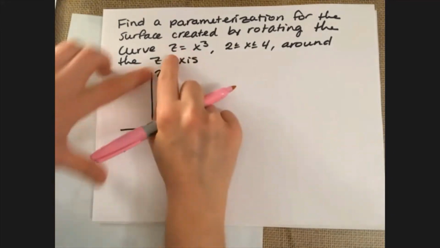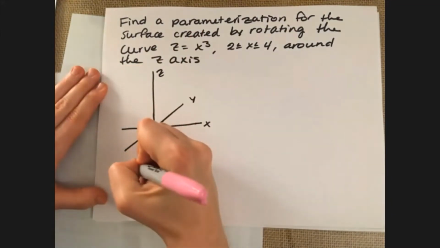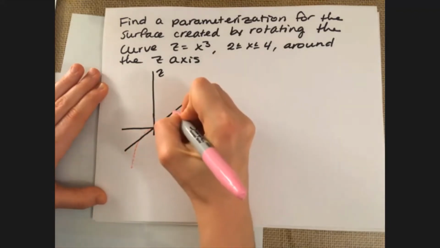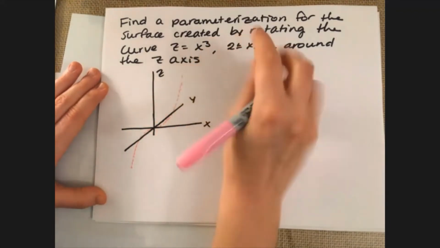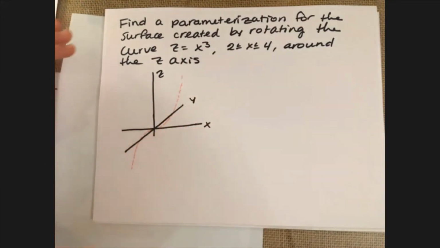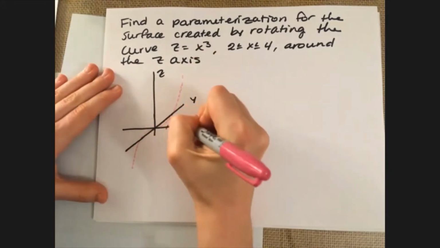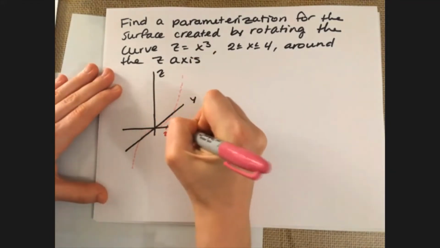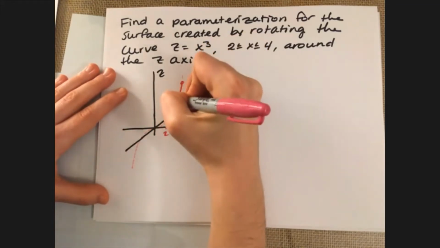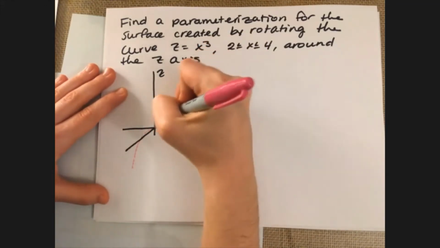The curve z equals x cubed looks something kind of like this, and it's strictly in the xz plane, so it's not anything in the y direction. Imagine it flat against the xz plane. The part that we're interested in is the part between 2 and 4, so x equal to 2, x equal to 4. This is clearly not to scale, but this is the idea. So this is the segment we're looking at, this piece right here.